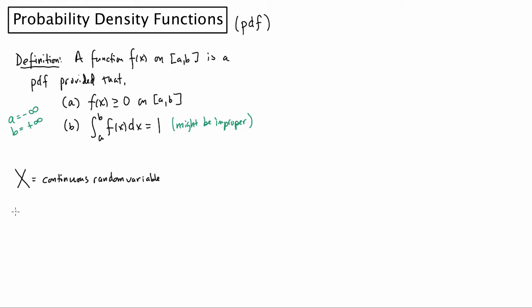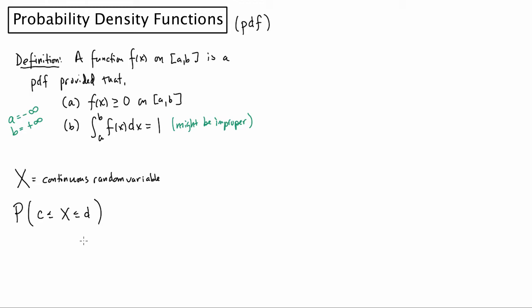Now, what if I wanted to ask what is the probability that the values it gives me are somewhere between two values, let's say C and D? In other words, what is the probability I choose someone with a height between 5'1" and 5'5"?